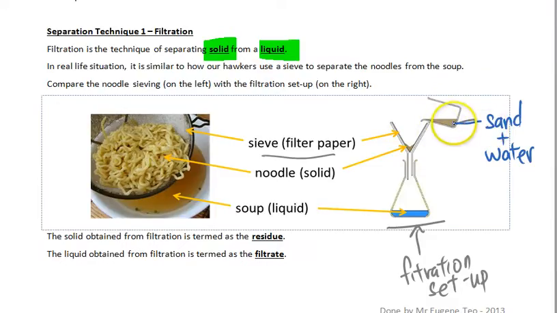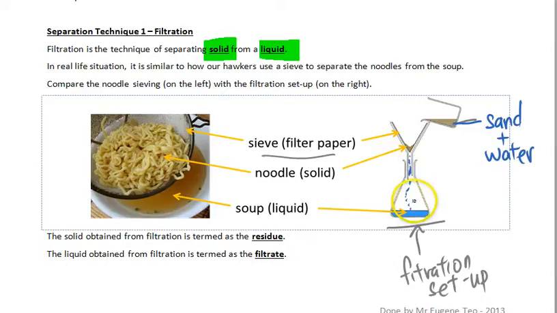So what's going to happen? You can actually take this mixture that you have and pour it through your filter paper. And when you pour it through the filter paper, the liquid flows down, and you get the water in the beaker, and you get the sand in the filter paper.